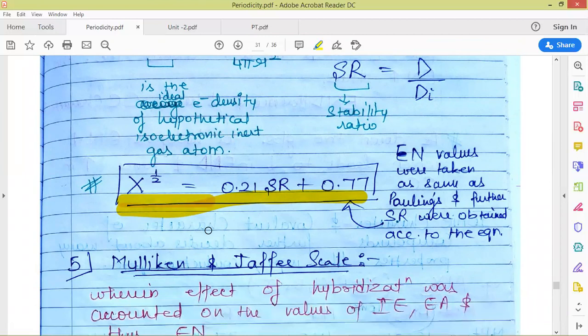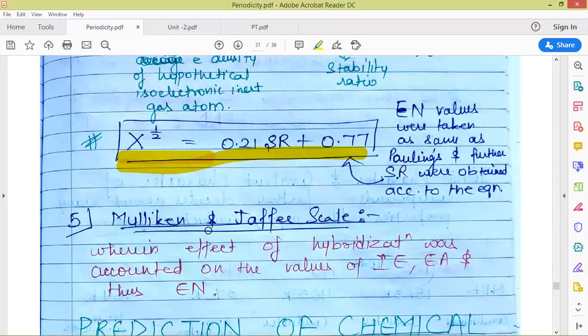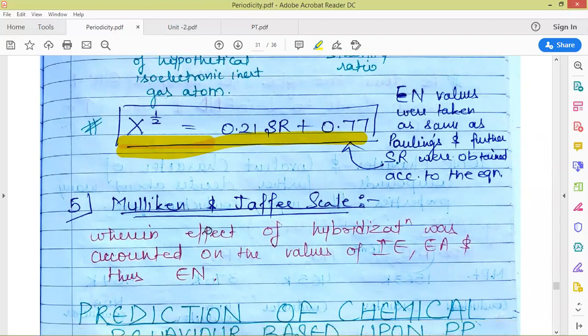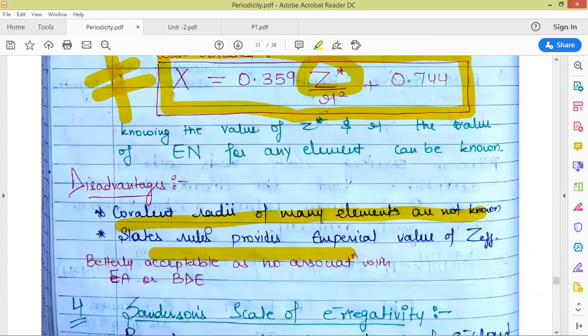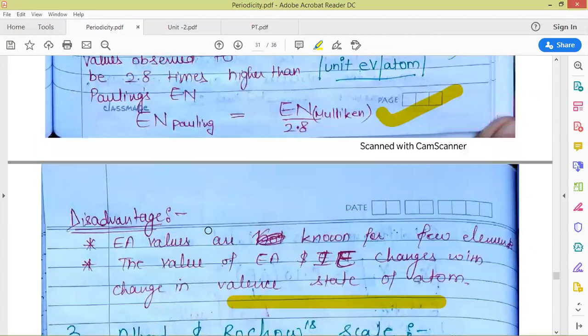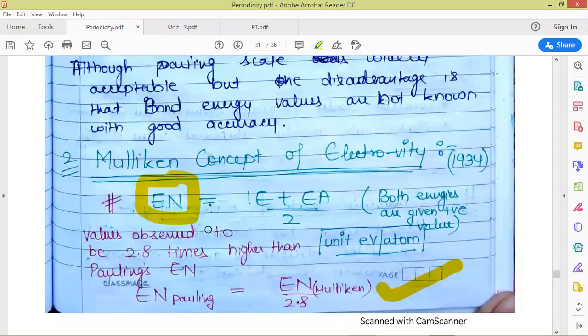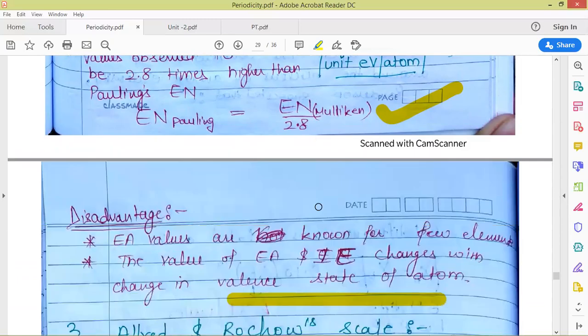Next method was given by Mulliken and Jaffe. This was an improvement in the Mulliken concept, wherein the effect of hybridization was also counted on the values of ionization energy and electron affinity. Let me show you the Mulliken concept again. According to the Mulliken concept, electronegativity was the average of ionization energy and electron affinity.